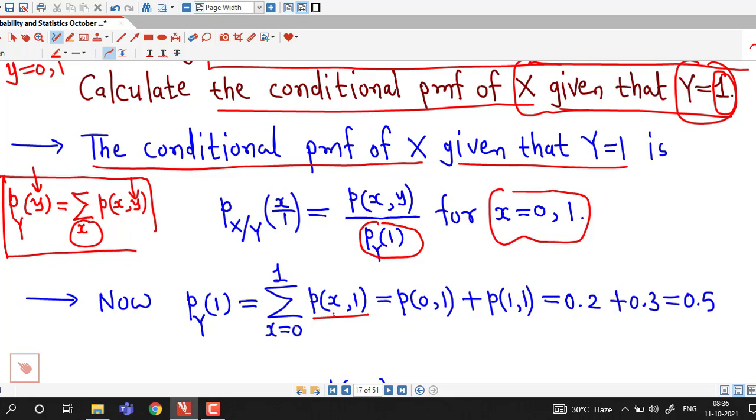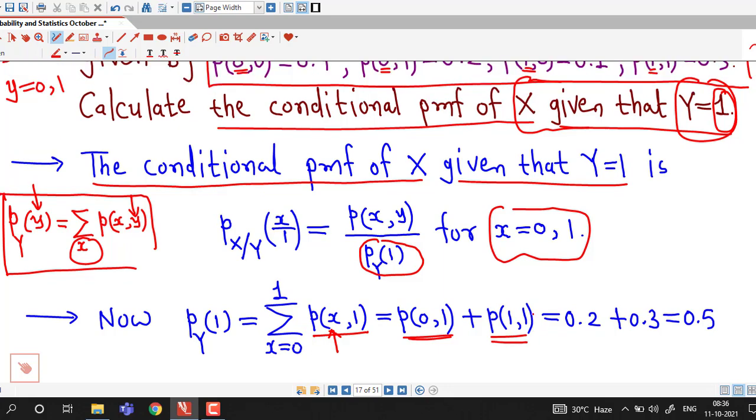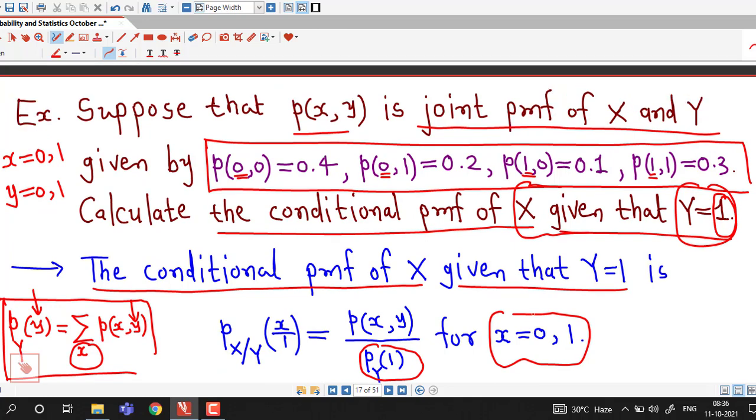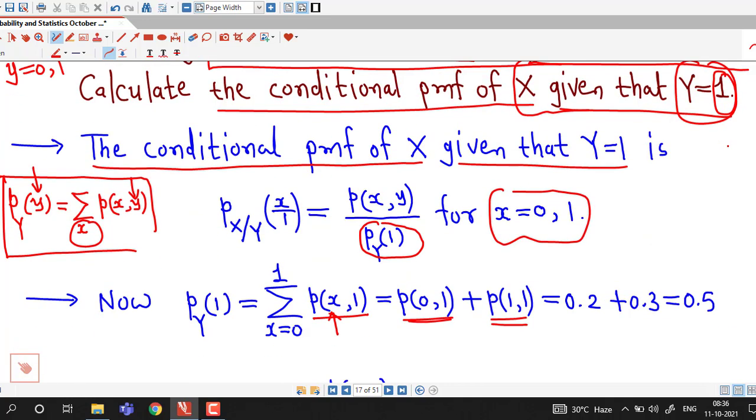So this is equal to, if we take x equal to 0, p(0,1), and if we take x equal to 1, p(1,1), and we are given the values of this probability mass function. p(0,1) is 0.2, p(1,1) is 0.3. So using these values we obtain p of 1 equal to 0.5.